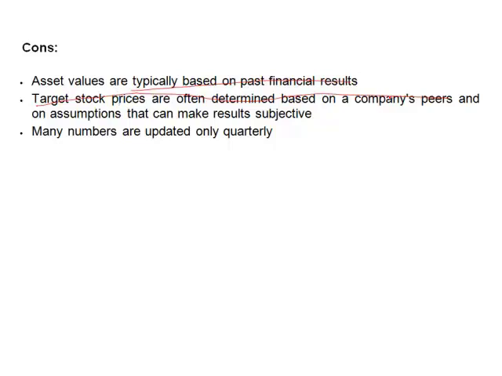The situation might be different in the company you are observing. The third one is that main numbers are updated only quarterly. That's why you have the quarterly results, which is not best for this analysis. So that's about the fundamentals.